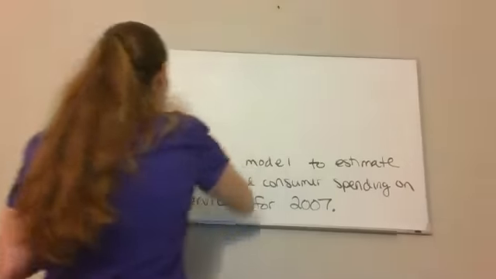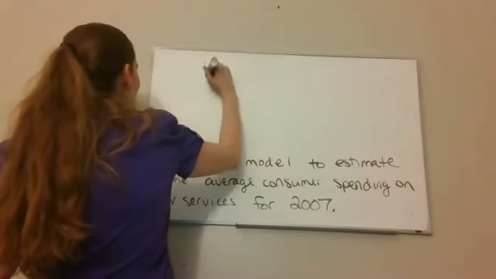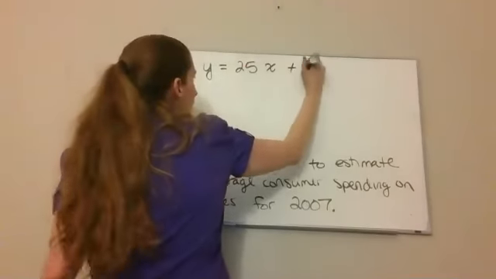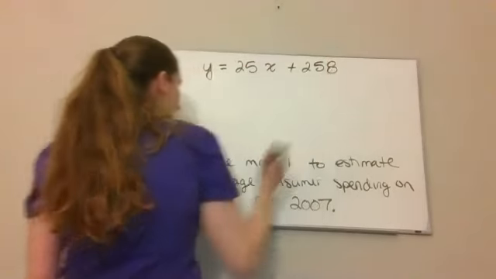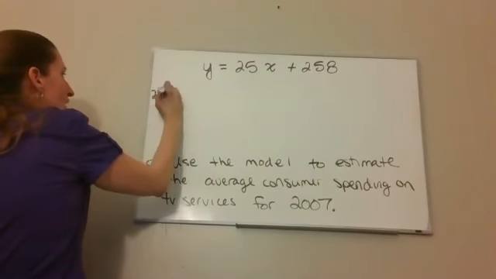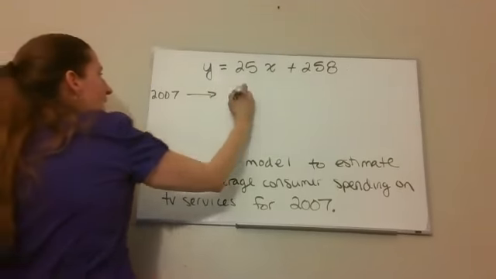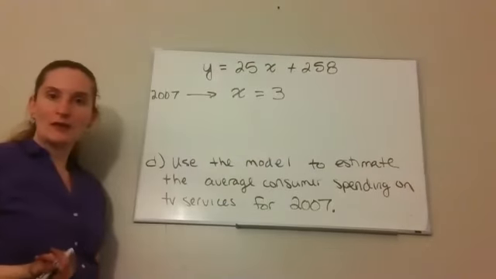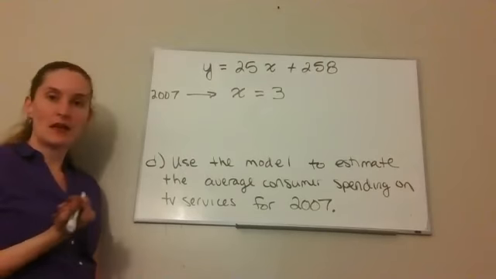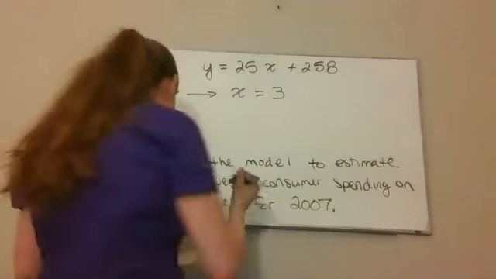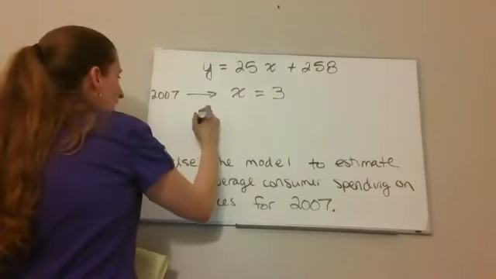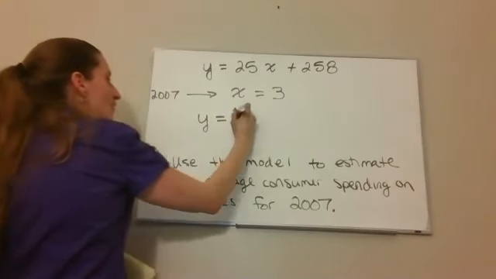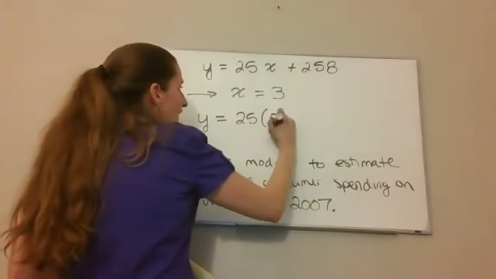So first, let's rewrite what our model was. We had y is equal to 25x plus 258. The year 2007, that's the same thing as x equals 3, because 2007 is 3 years after 2004. So to figure out the average consumer spending on TV services in 2007, we have to plug in x equals 3.